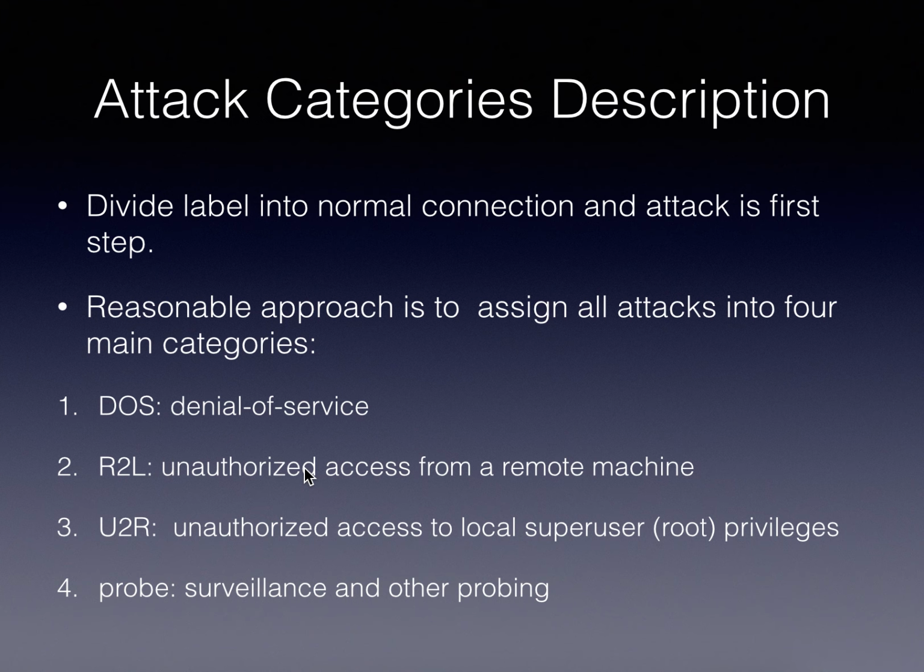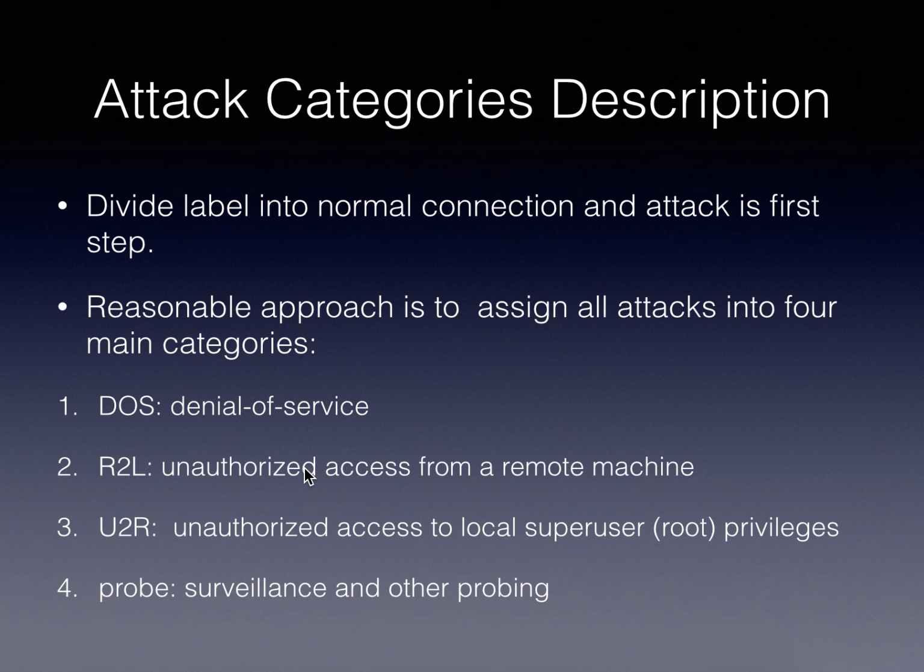But then we have to dig deeper into this problem. We only divided the label into two, the binary label, normal connection and attack, and that is just the first step. We cannot just do this problem like this. So a reasonable approach is to assign all attacks into 4 main categories.